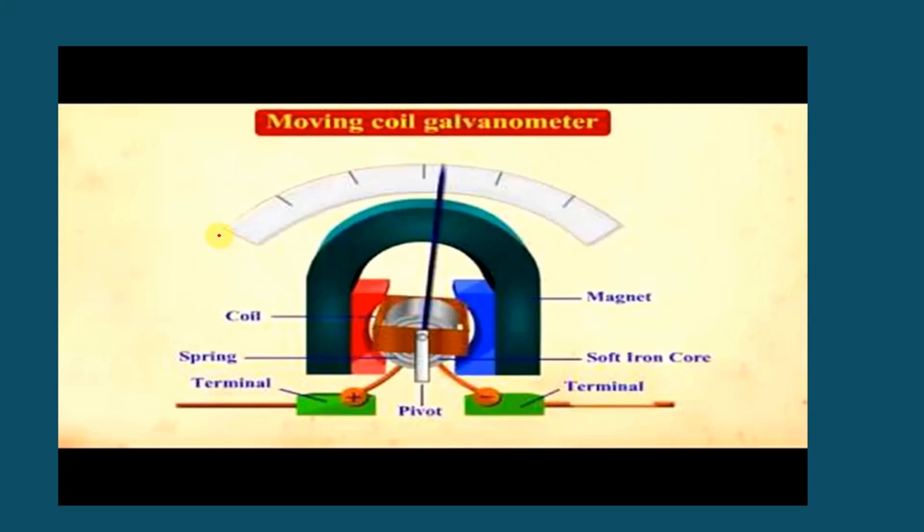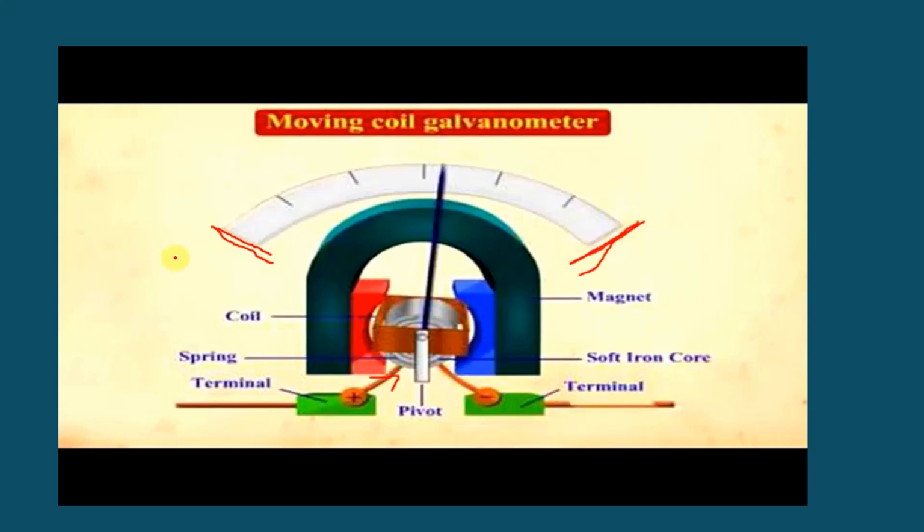In a moving coil galvanometer or instrument, some stoppers are used here. I have told you earlier that whenever there is some current input to this coil, it will act like a rotor or a motor, so it will continuously rotate. To prevent that, we have to use these stoppers.